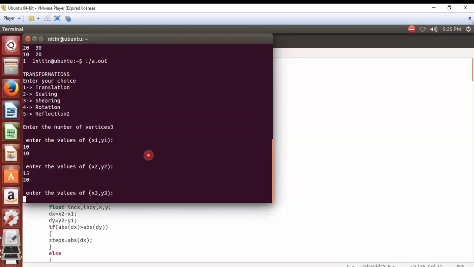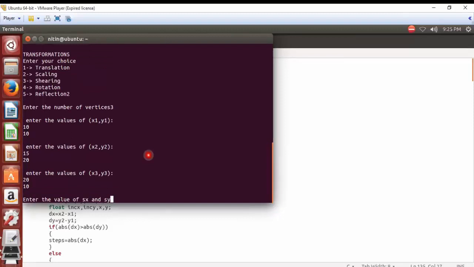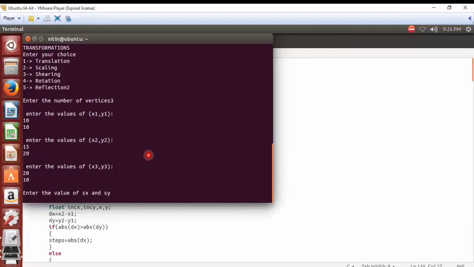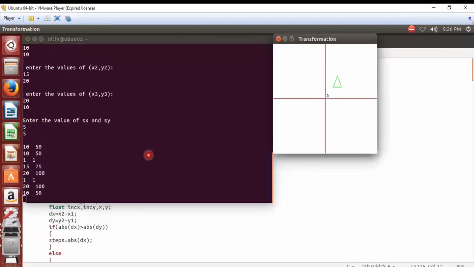Next point 20, 10. And the scaling factors, which will get multiplied with the previous xy values of this triangle, that is sx and sy. sx is equal to 5 and sy is equal to 5.